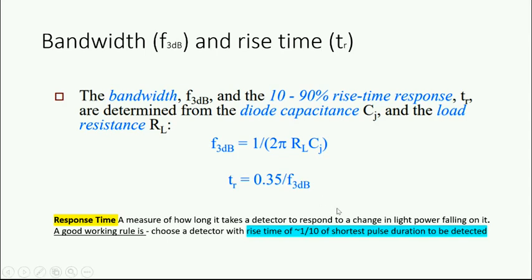We have a PIN photodetector. How does the photocurrent change with respect to the incident photons? Say the photon is incident on the photodetector at 0 second, and the photocurrent starts flowing at 1 second. That is called the response time. I repeat: we have a photodiode, and the incident light energy arrives.